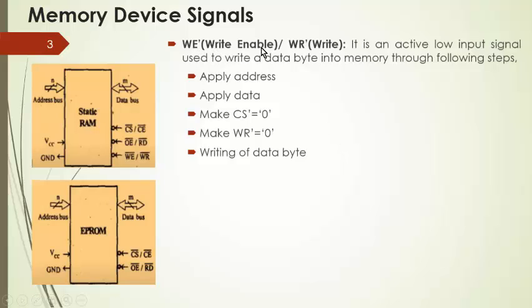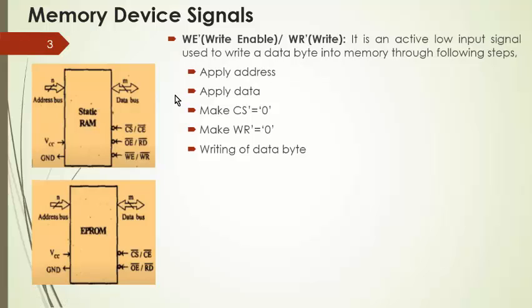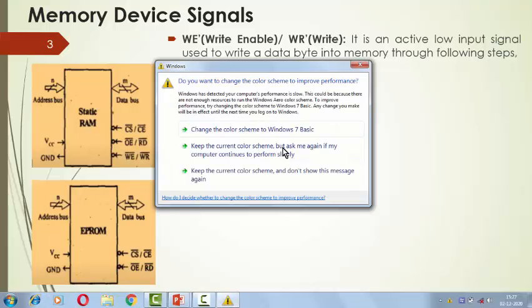Next control signal, that is WE bar, that is write enable, or WR bar. It is an active low input signal used to write a data byte into memory through the following steps. Again, in this case, the processor will apply the address by using the address lines of 8085 microprocessor. Then it will send the data by using the data bus. Then it will make the chip enable signal active low, that is CS bar equal to 0.